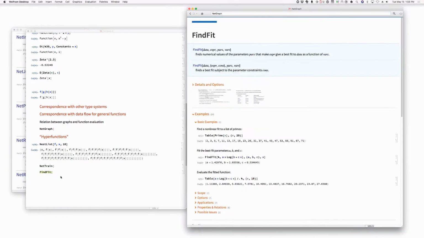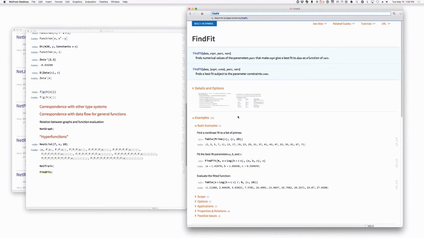FindFit is a good case, a pattern where we have a generalized function and what we're trying to do is fill in its parameters. We'd also have find minimum, which would be similar.